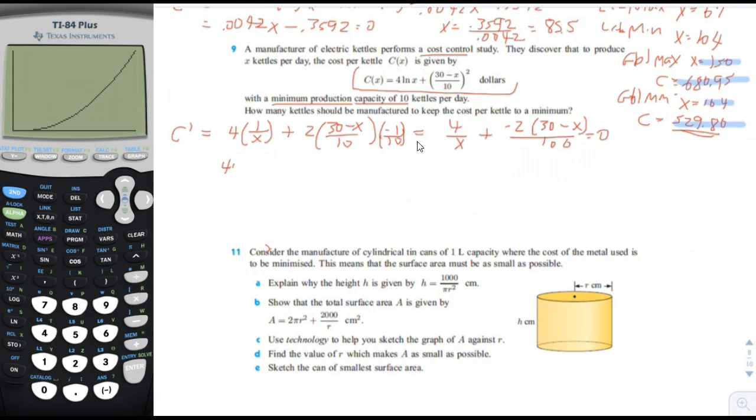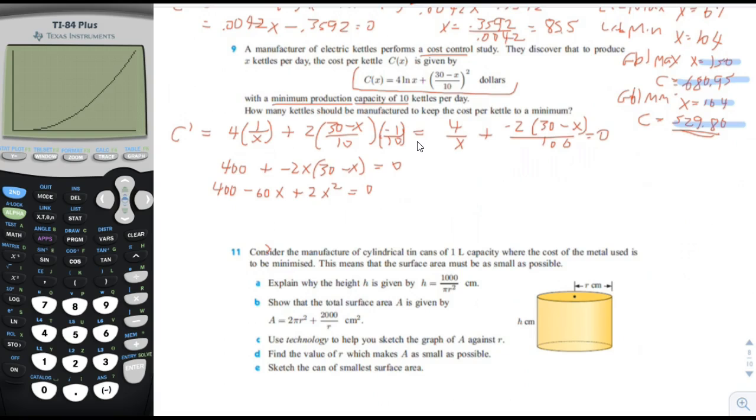So then we'll have 400 plus negative 2x times (30 minus x) equals 0. Now we'll multiply this out. We'll have 400 minus 60x plus 2x squared equals 0.